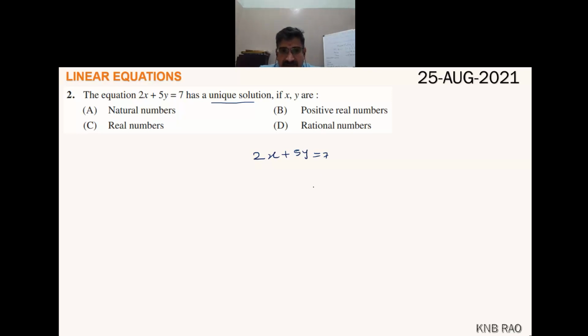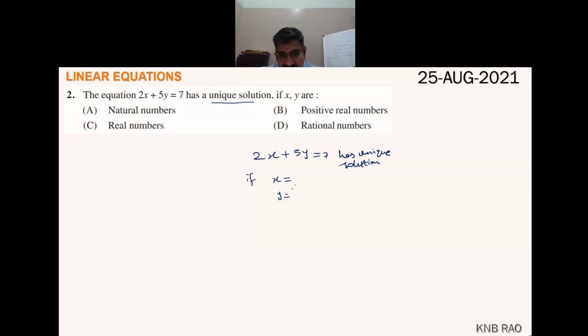But if x and y are some type of number, it has a unique solution in that type of numbers. Okay? Don't get confused. He is not saying how many solutions there are for this. There are infinitely many solutions. But amongst them, there is a unique solution if x becomes some type of number and y becomes some type of number. That is what his question is.